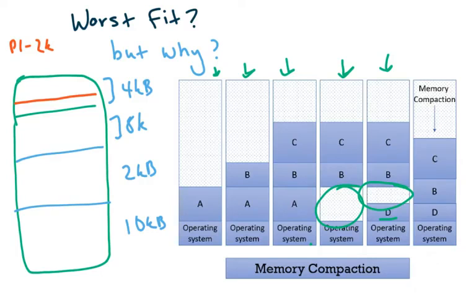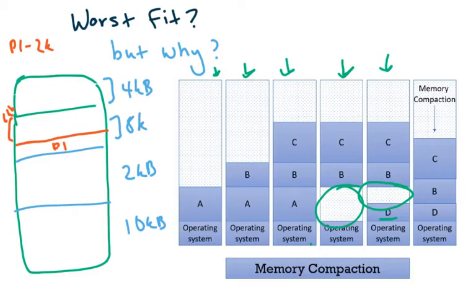Let's choose to put it here. So we have P1 executing here, maybe because the rest of them were taken. It's only taking up 2 kilobytes, so we still have 6 kilobytes left over.